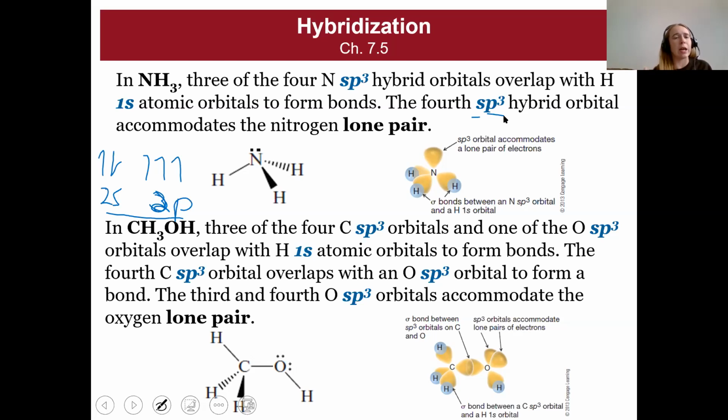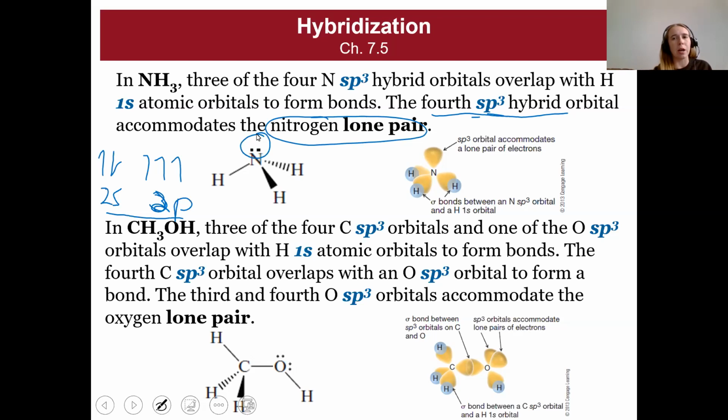But in this case, one of those sp3 hybrid orbitals does not contain unpaired electrons. It has two paired up electrons. And that fourth sp3 hybrid orbital that has the paired electrons, that's going to be what gives us our lone pair on nitrogen.